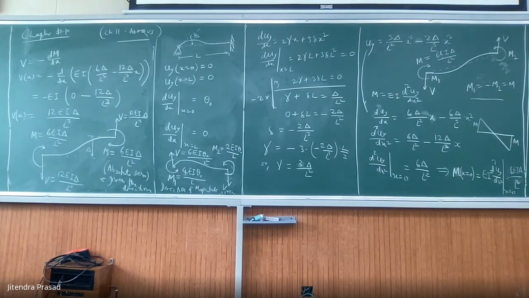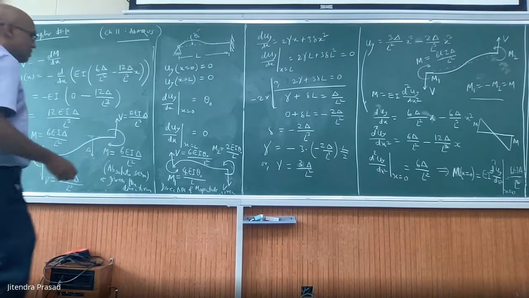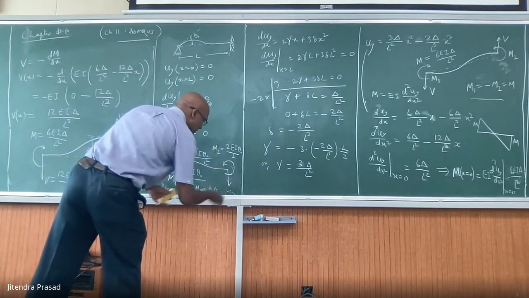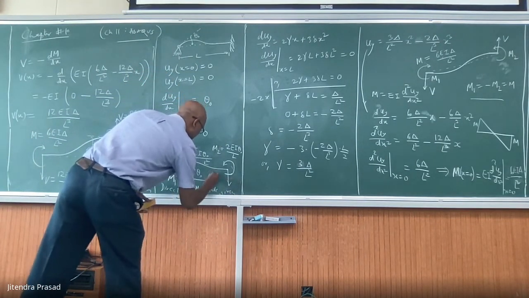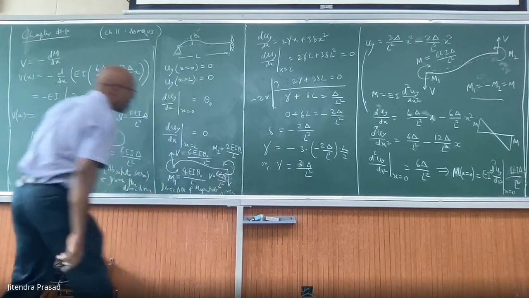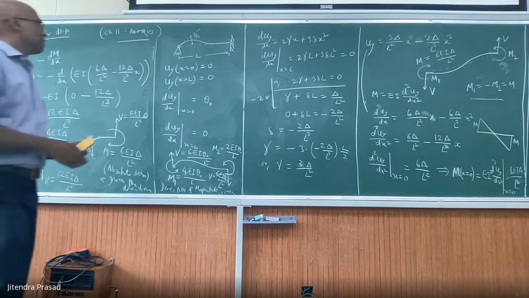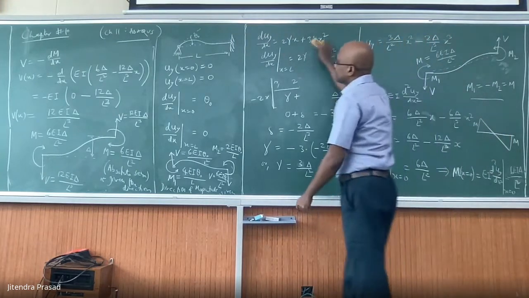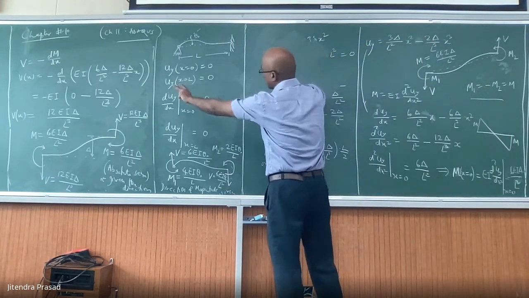You can verify this V will be the same value. So this V is equal to 6 EI theta naught over L square. So you try yourself.